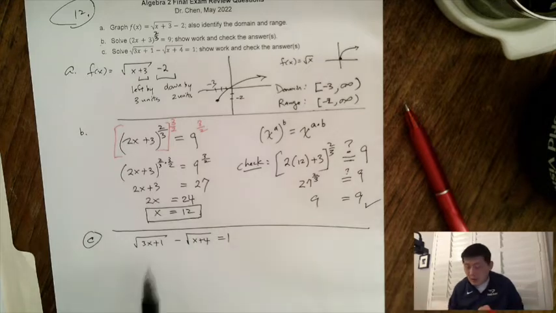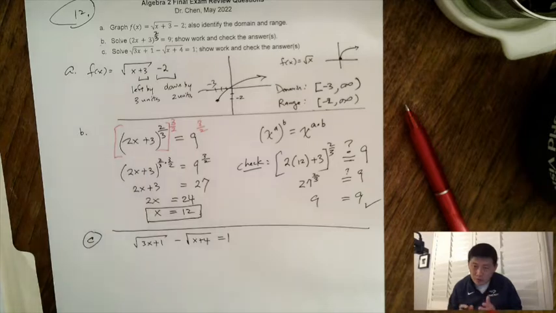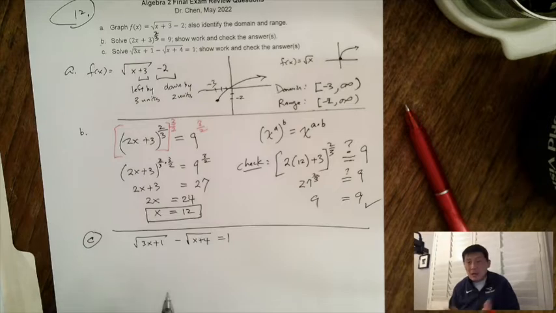The problem right now is you have two radicals on one side of the equation. If you square that, imagine you square something with two terms, you're going to have a cross term, right? You're going to have the two terms squared, but in the middle you have a cross term. That cross term is not going to help get you out of the square root dilemma.